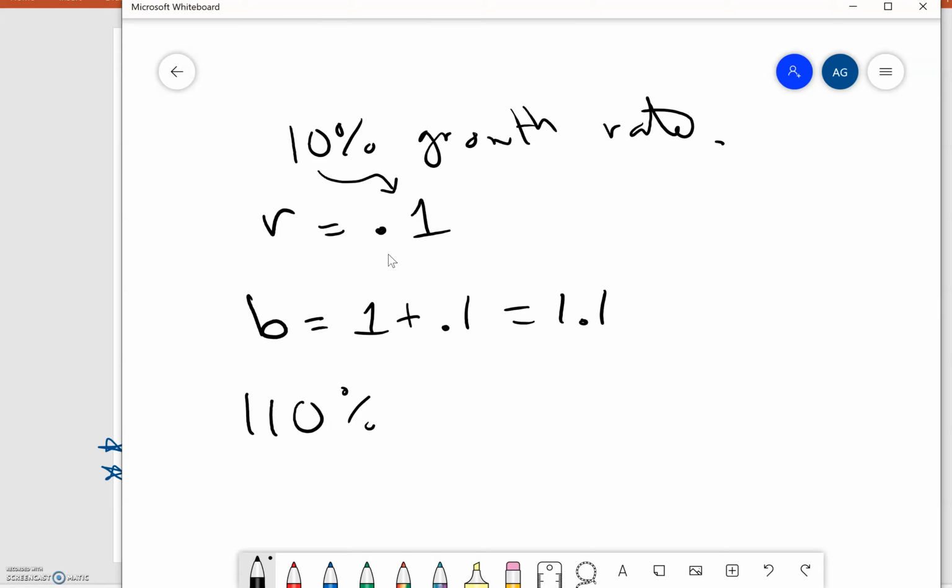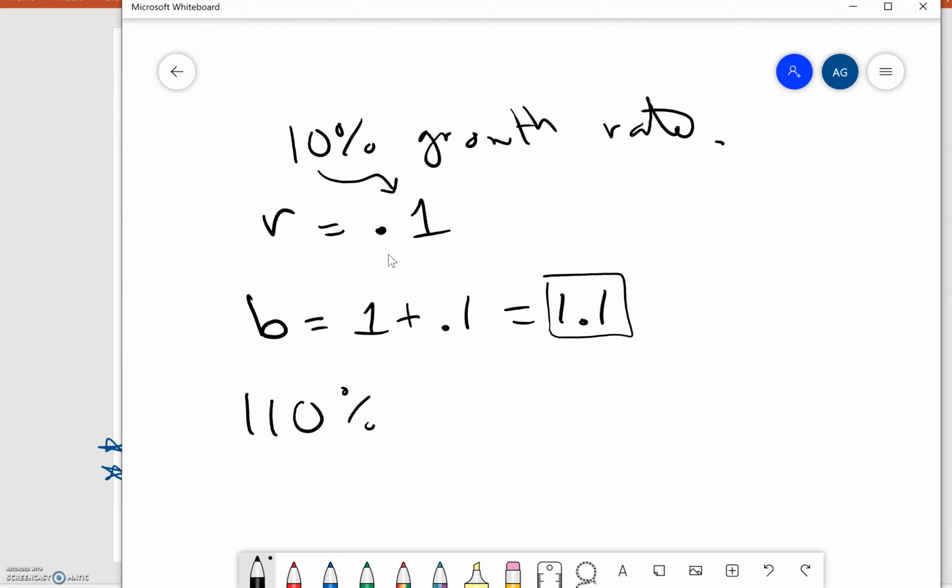So basically you're going to be multiplying, and remember, when we talked about the growth factor, if you go over 1 unit, you multiply where you were by the factor. So every time we move 1 unit horizontally, we will move up vertically by a factor of 1.1.